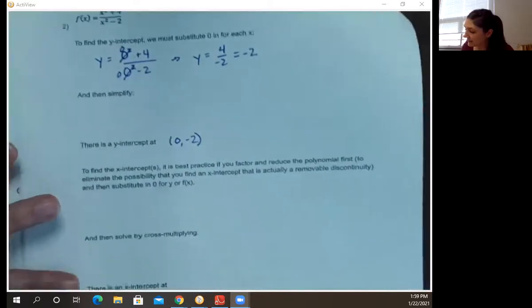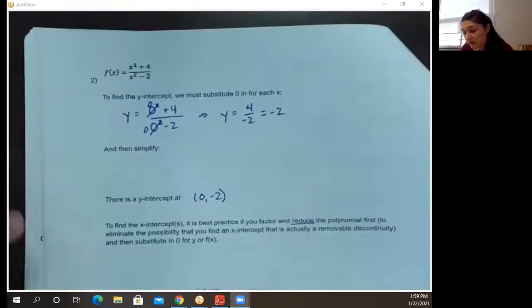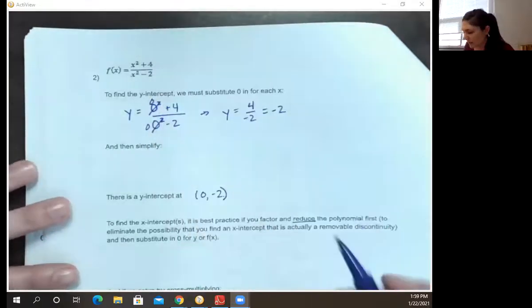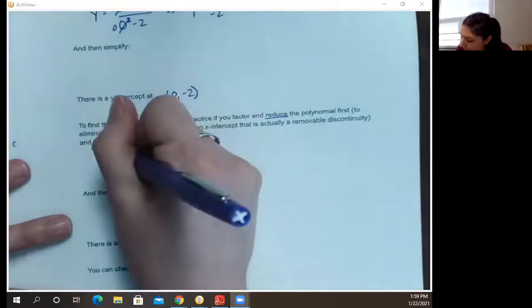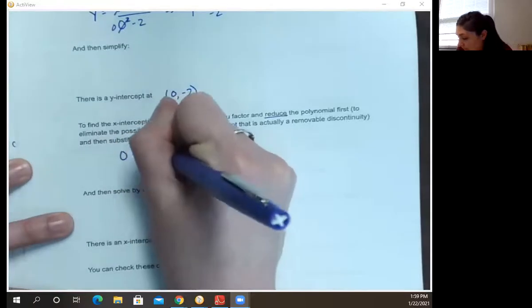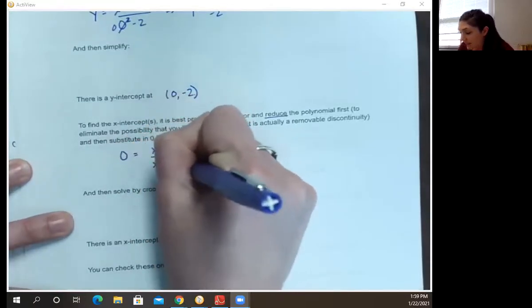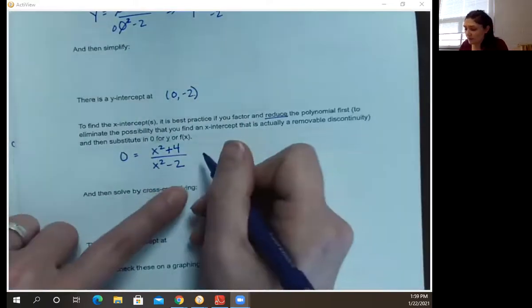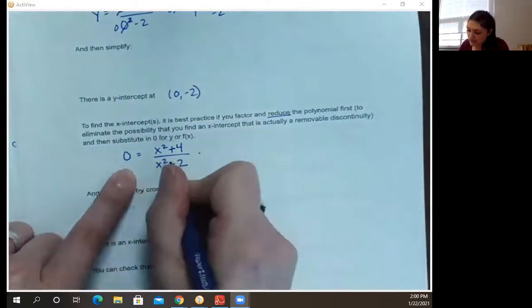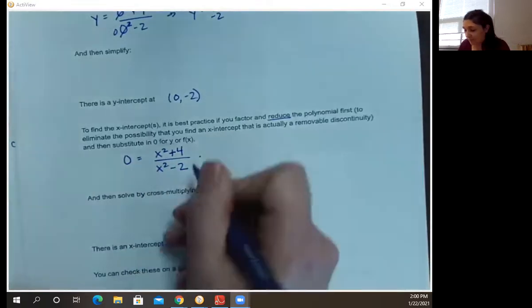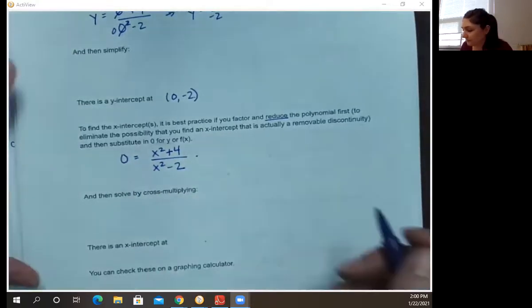Now for my x-intercepts, remember I want to reduce first. We talked just a minute ago about how we won't be able to reduce anything here. So now I'm going to go ahead and set y equals 0 and solve for x. Now, same idea here. However you think of this is fine. If you think about multiplying both sides by the denominator to get it out of here, that's fine.